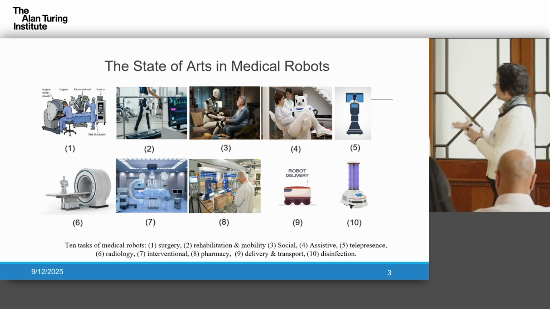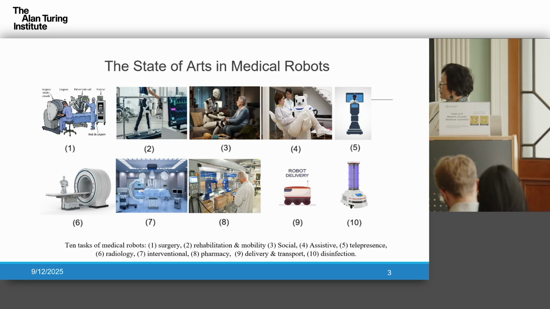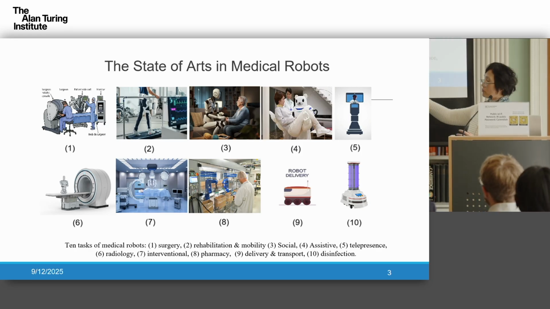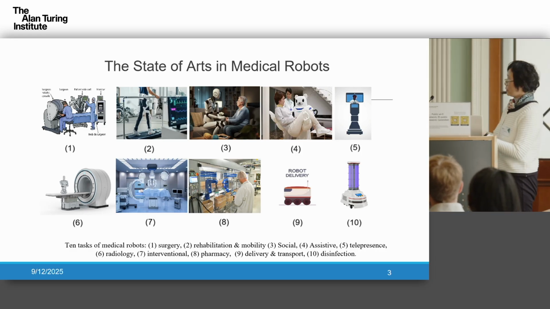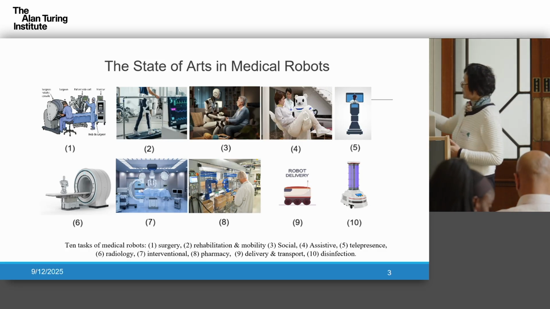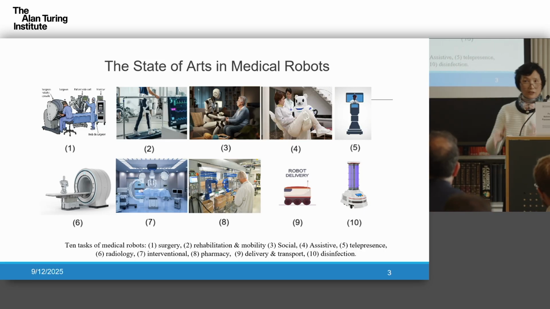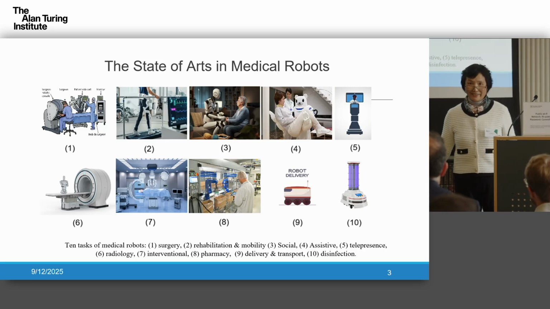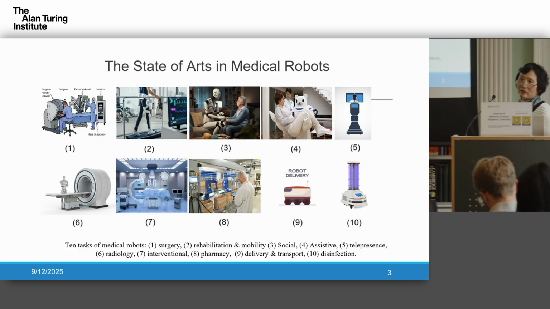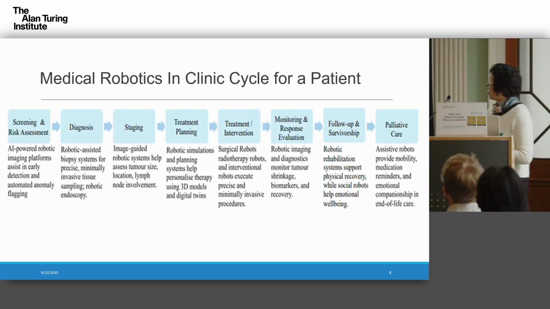Then we have telepresence, radiology, and interventional, which maybe can be included in surgery robotics, and also pharmacy, delivery, transport, and disinfection. Telepresence and delivery, transport, and disinfection especially developed during COVID, so all of these robotics have very important roles in healthcare delivery.